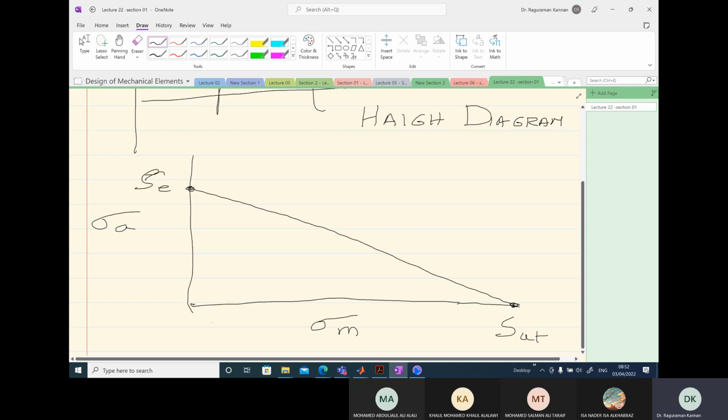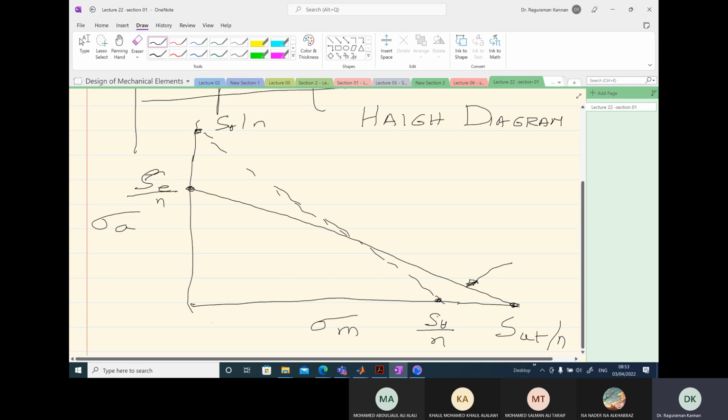So SE here, let's put SE over N here, SUT over N. Also remember, we had the yield point. Let's call this SY over N. Let's put a dotted line joining these two points. Approximately this is the line. Both lines have equations.